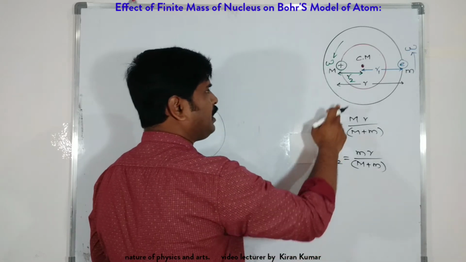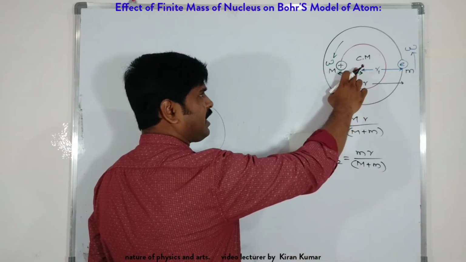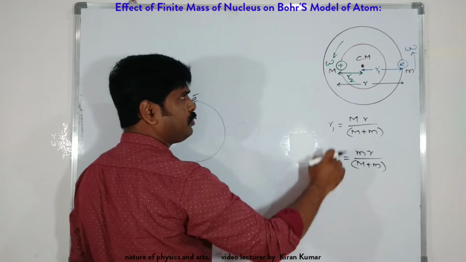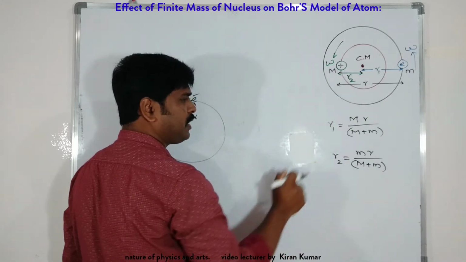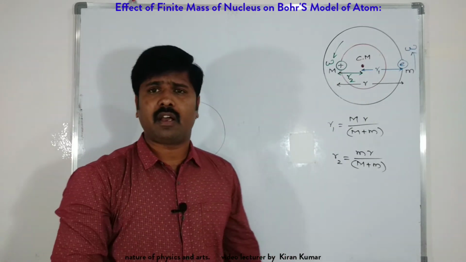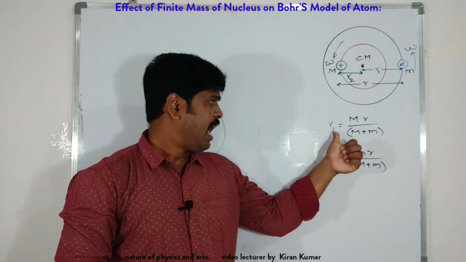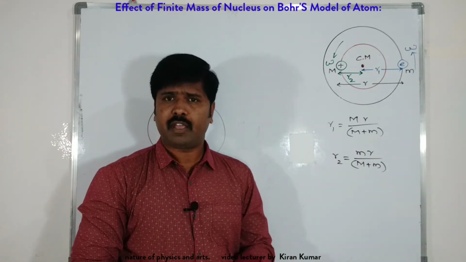So r1 is the distance from the center of mass to the electron, and r2 is the distance from the center of mass to the nucleus. According to the center of mass, I wrote the r1 and r2 values.